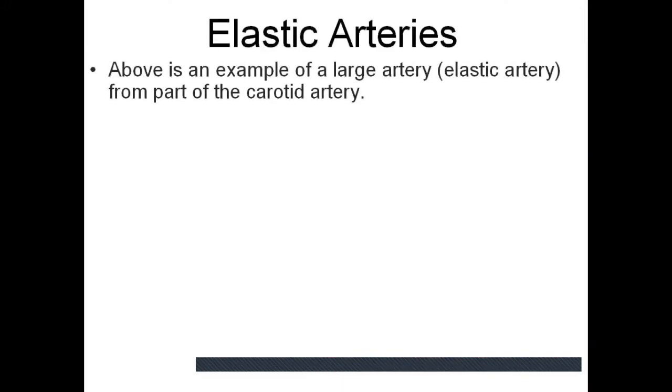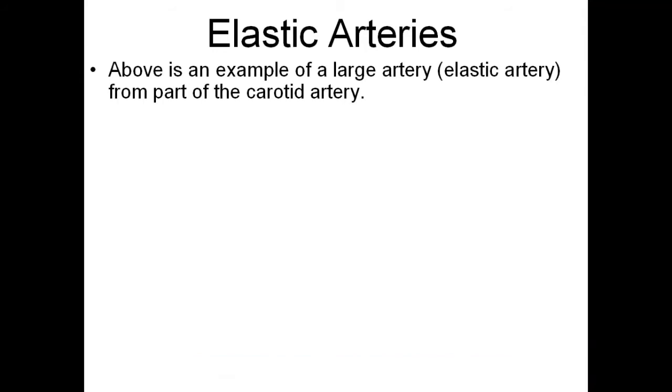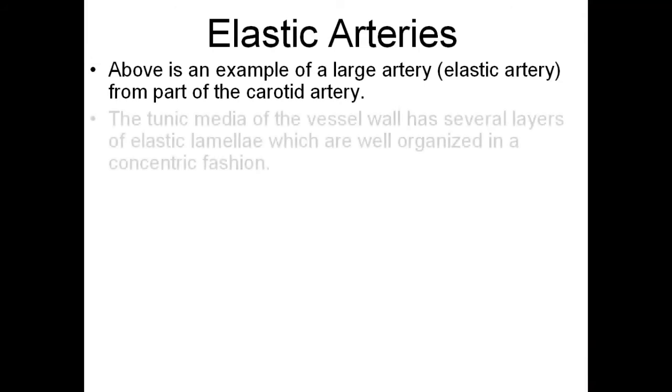So we have elastic arteries, and that means that they contain a lot of elastic fibers in the media, and that elastic artery comes from the carotid arteries fairly close to the heart.